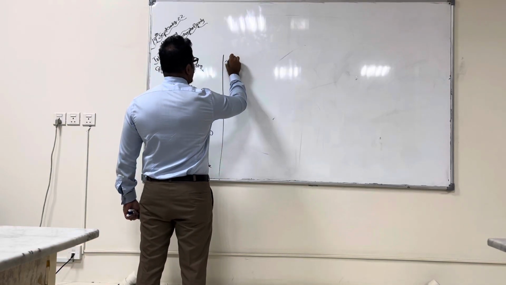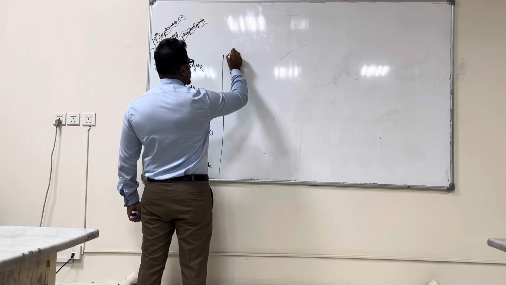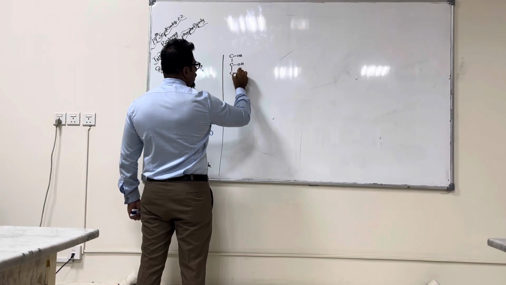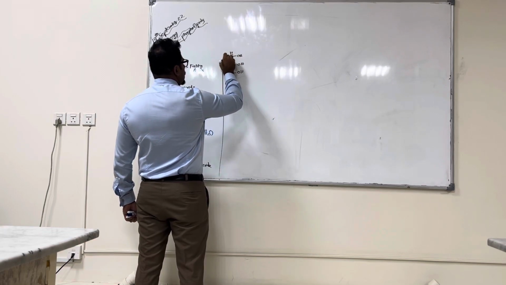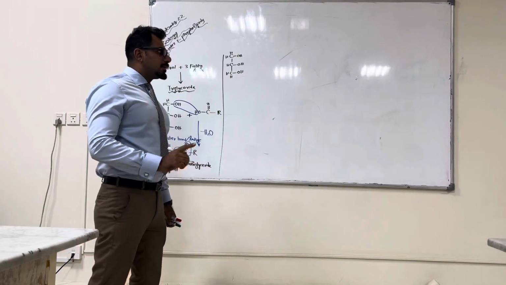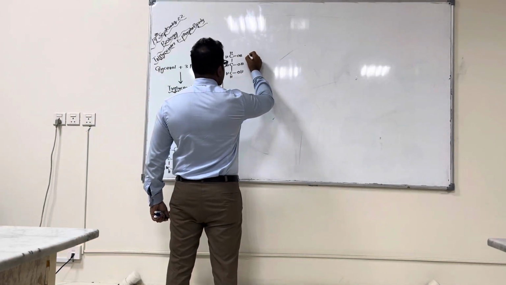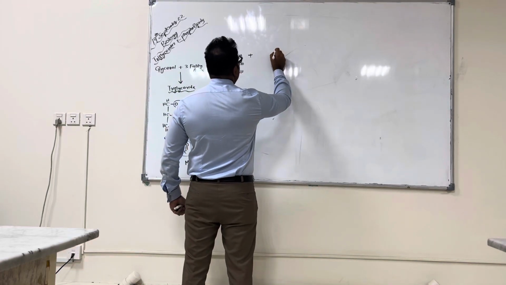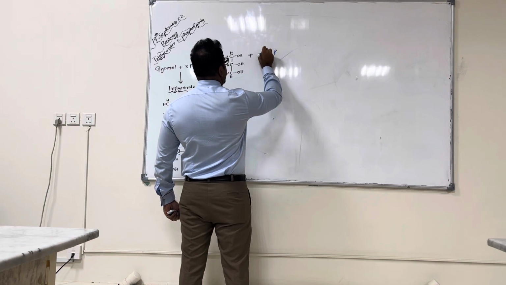Now look here, we have what? Again, a glycerol molecule. We have OH, OH, OH, and the rest are hydrogen. This time, there are two fatty acids.